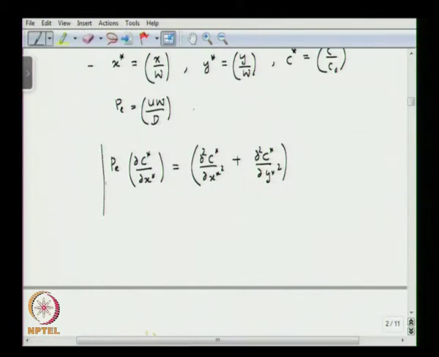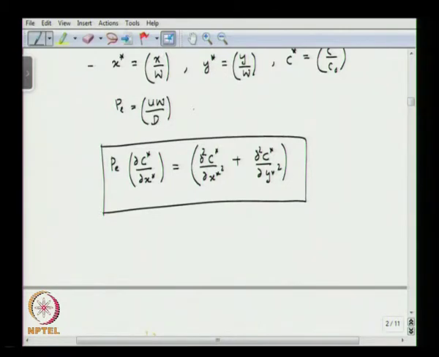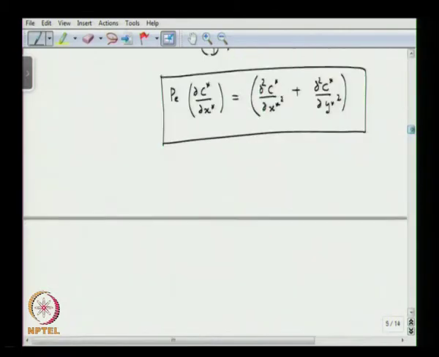So this is the non dimensional equation that we are talking about, which needs to be solved, okay.